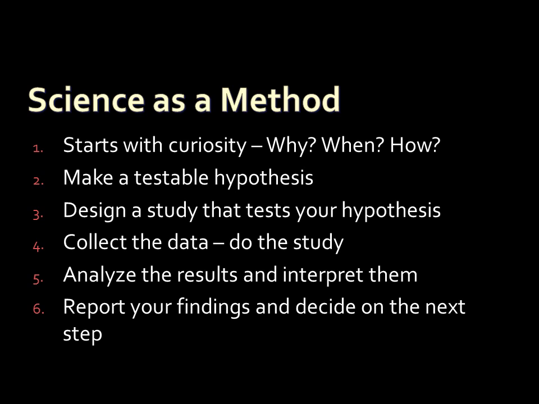So what you really have here is a circular process. It starts with step 1, you work down to the last step, and what you come up with in the last step often informs what you're going to do in the next step 1 in the next cycle. So that's essentially the scientific method. We're going to look at these steps in some more detail. So let's go first of all to look at the first step.